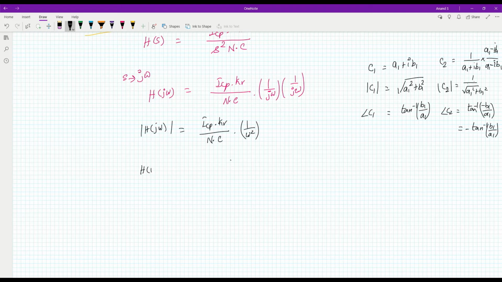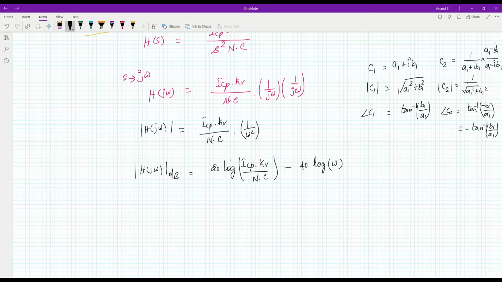So H of j omega in terms of dB will be equal to 20 log ICP into kV divided by N into C. So this is a term which is independent of frequency, and we have another term which is 40 times log of omega. So this is a function of frequency.